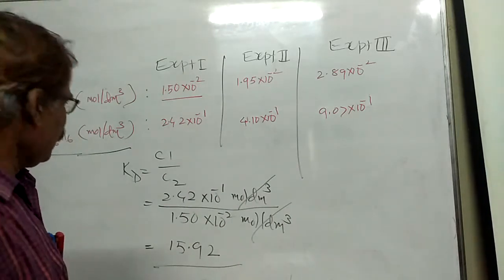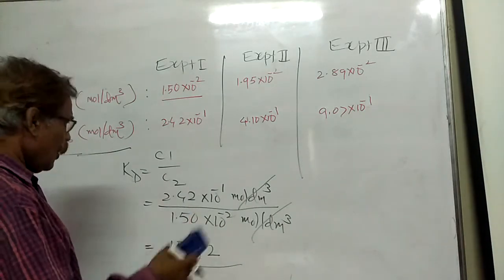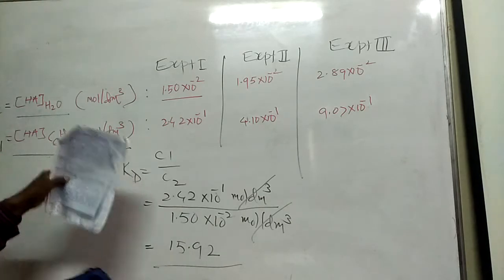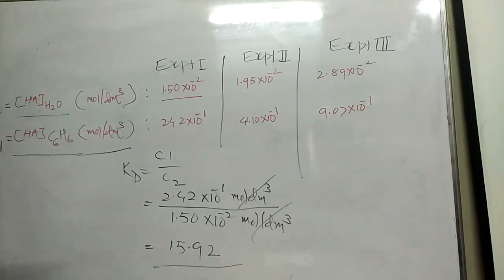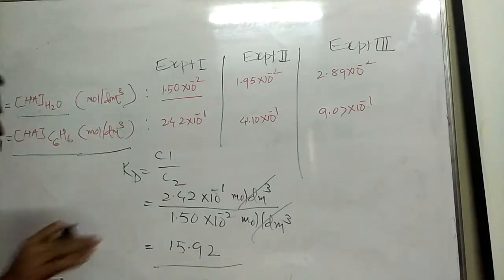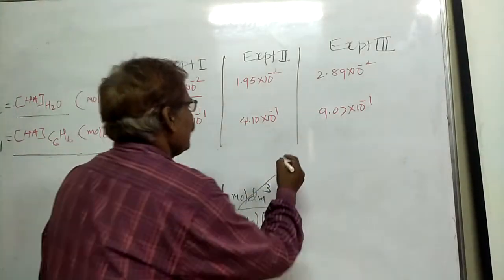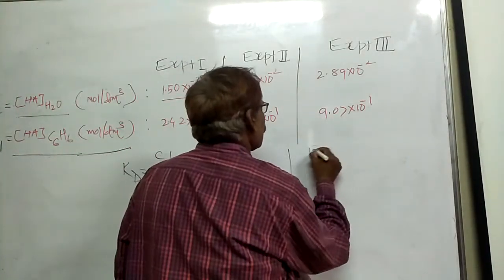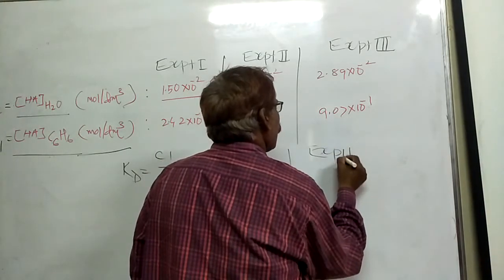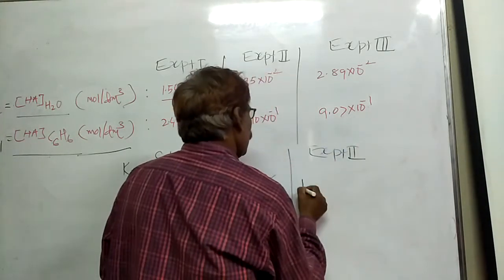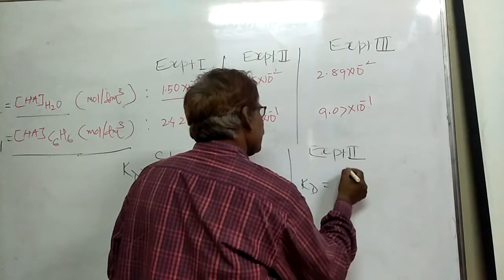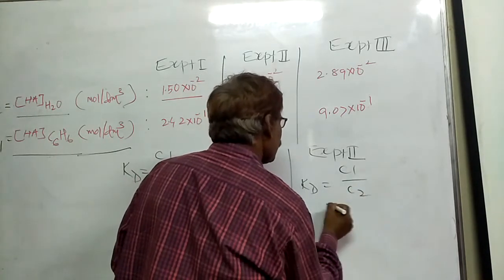Let us calculate partition coefficient of acid in experiment number 2. In experiment number 2, Kd is equal to C1 upon C2.